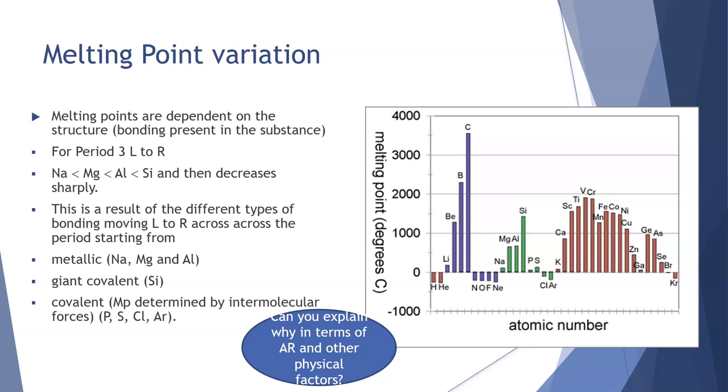Okay, so as we move from left to right across the period, the melting points of the metals tend to increase, but when we hit non-metals, because of the nature of their bonding, we see a sharp decrease in the melting point. This is because of the different types of bonding, from metallic through to covalent, that we observe. Of course, silicon and carbon can form giant covalent molecular lattices that we'll learn more about in term 1.